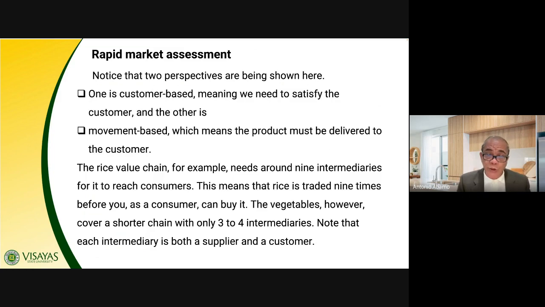If it is customer based, we need to take a look at who is the target market specifically for that product. Now, the rice value chain, for example, needs around 9 intermediaries to reach the final customer. Can you imagine 9 intermediaries? So we need to see where the growth areas are across these intermediaries. For vegetables, there are 3 to 4 intermediaries.